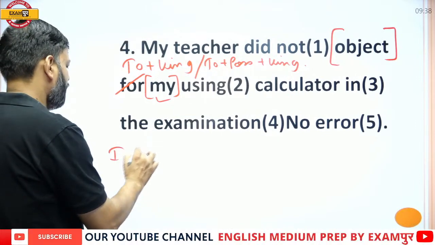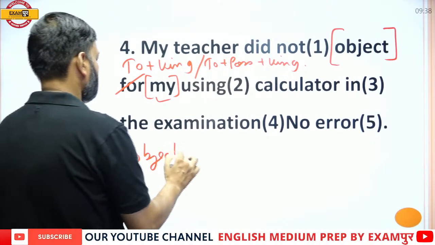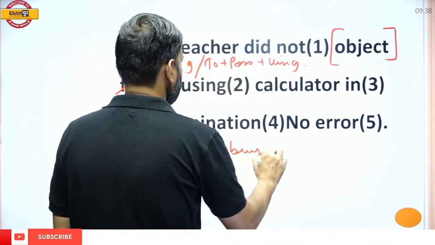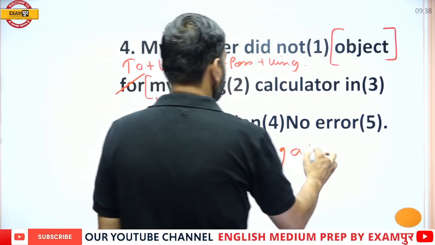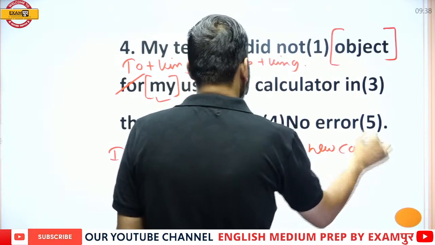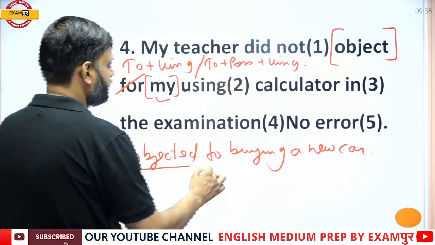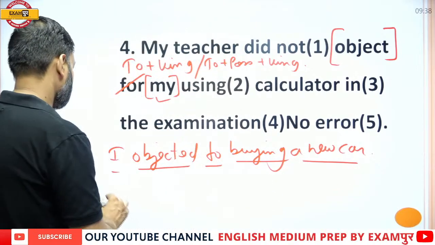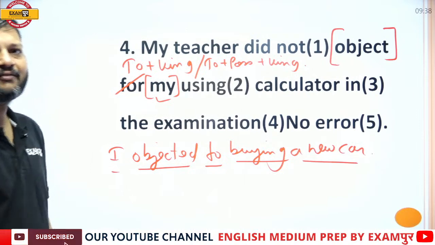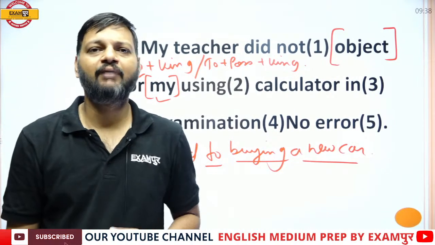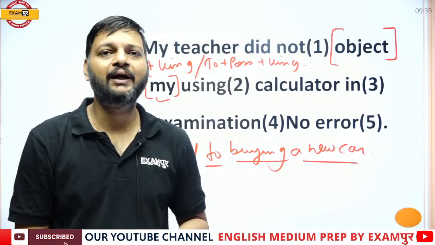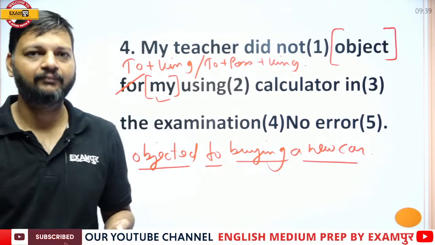I objected to buying a new car. This means that when someone was buying a car, say my younger brother was planning to buy a car, I objected to the plan.